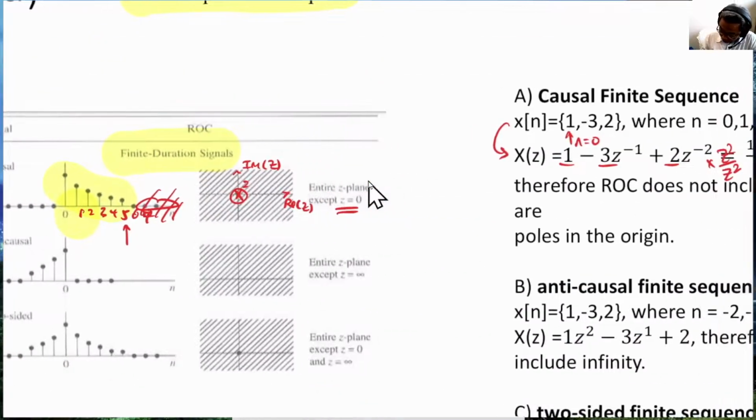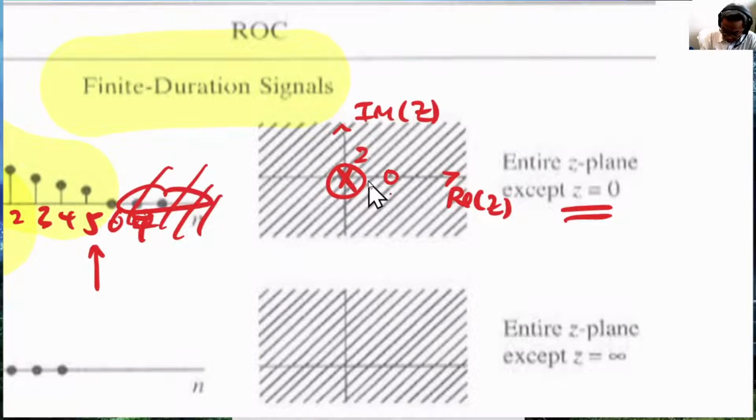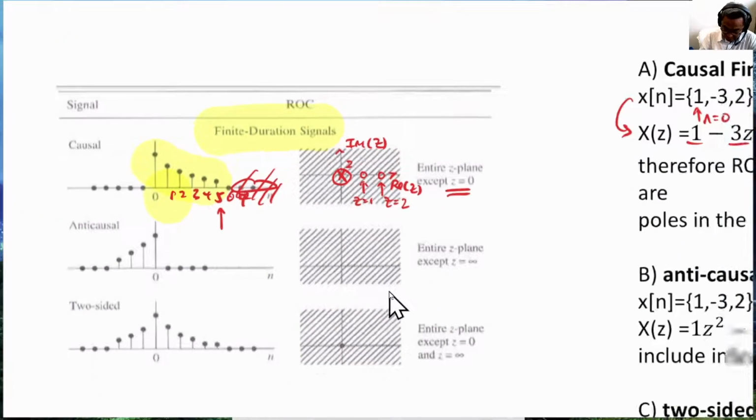And then we should mark z equals 1 and z equals 2, so maybe here, this is z equals 1 and another one, z equals 2. These two zeros, z equals 1 and z equals 2, are the zero locations. The star at the origin with a square is the pole location. The shaded region is the region of convergence for this first example.